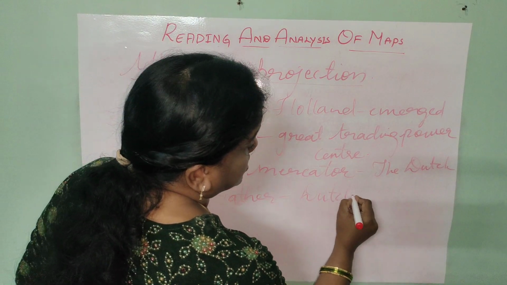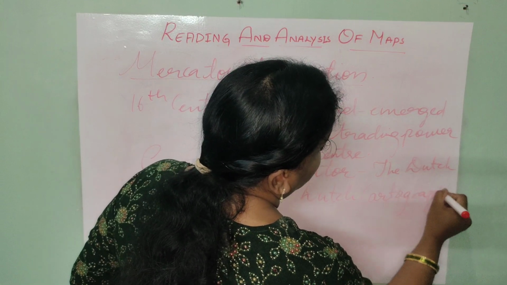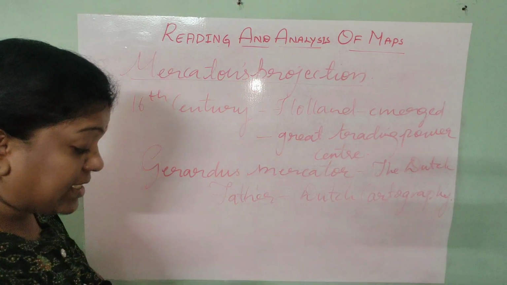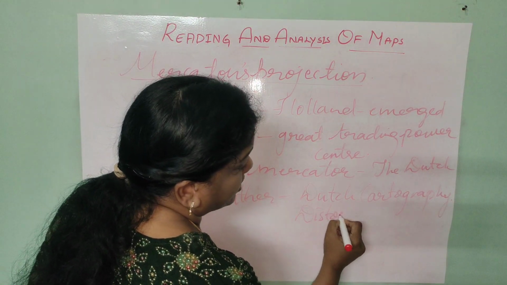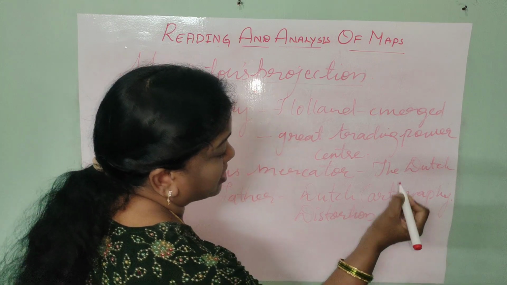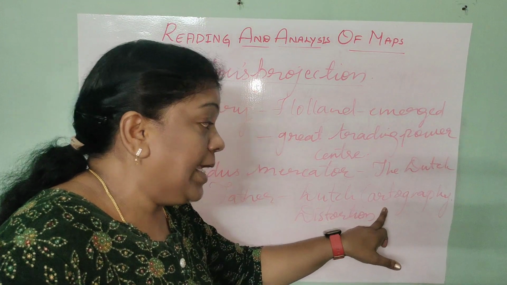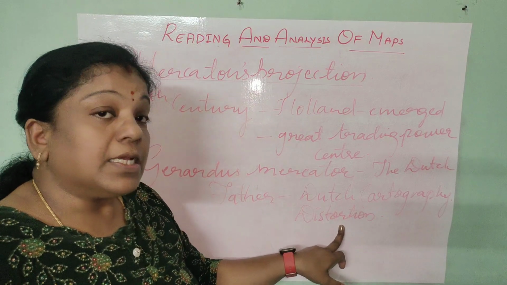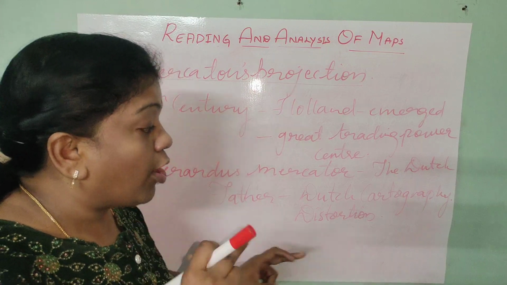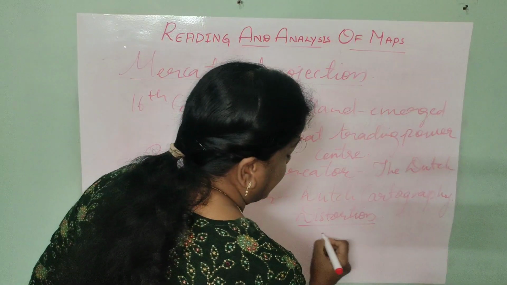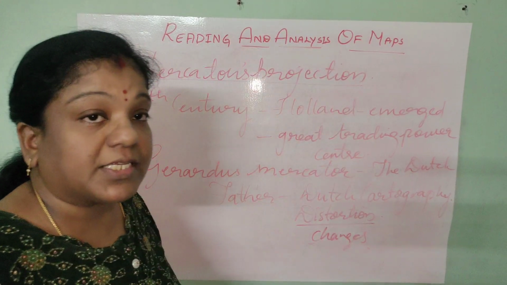Yes, because he laid the foundation of cartography skills with the distortion fact. Why do we call him the father of Dutch cartography? Because he projected the world map with the concept of distortion. What do you mean by distortion? Bringing changes.